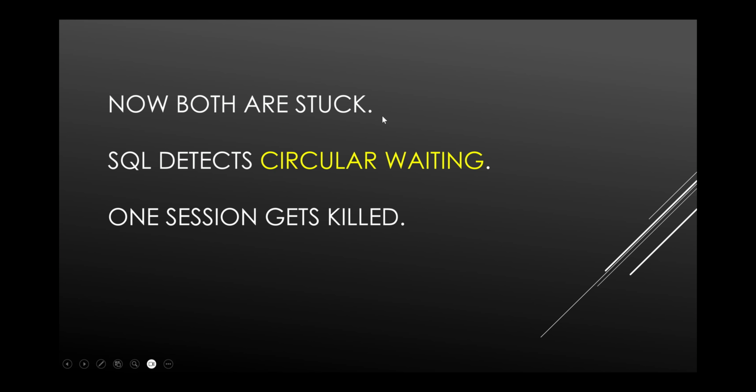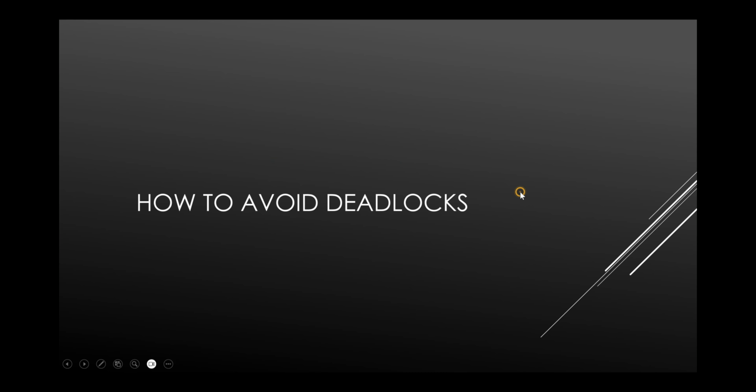Both are stuck. As we discussed earlier, SQL Server detects the circular waiting and kills one session. Just like it killed one person, now it kills one session, and the remaining session does its normal process.